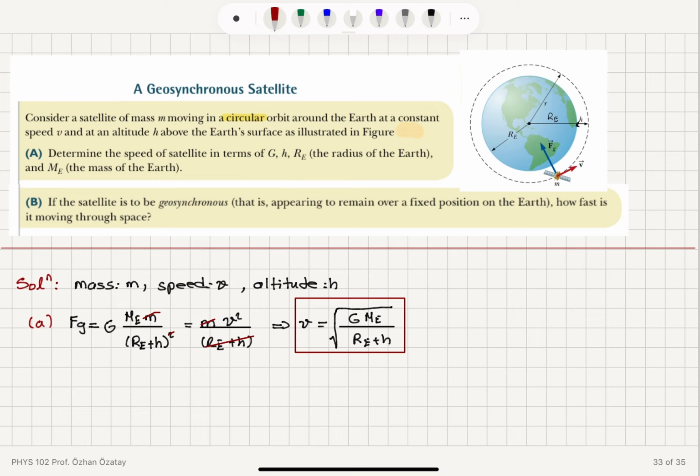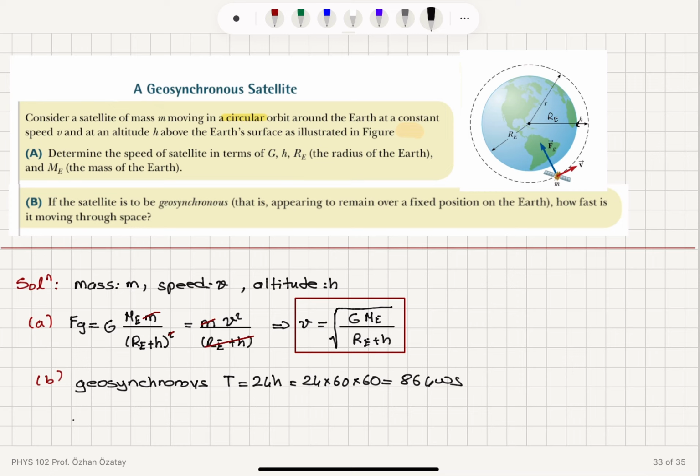Now part B. Given that this is a geosynchronous orbit, how fast is it moving through space? Once again, geosynchronous means it's synchronized with the Earth's spin about its axis. So the period of rotation is 24 hours, which is 24 times 60 times 60, 86,400 seconds.